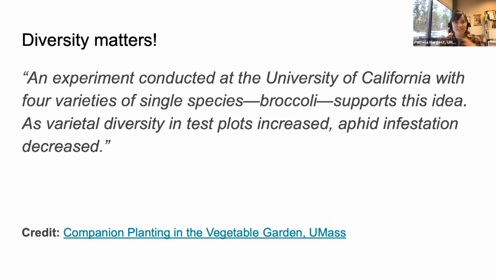So that's why we say, diversity in general is always a good rule of thumb. Whenever you can, whether it's diversity in the types of flowers that you're planting, different types of zinnias, or diversity across species, whether it's basil and parsley and tomatoes, try to incorporate as many plants as you can.